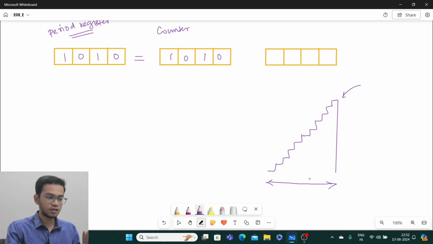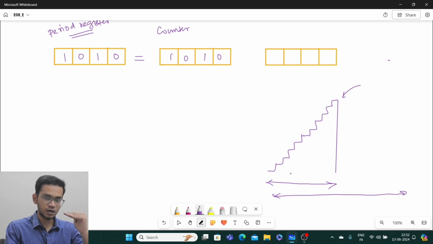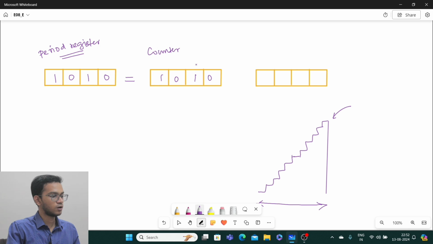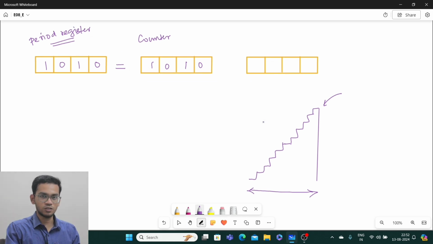If I'm storing a higher value, you are allowed to count up to that point and then come down, so you'll have a larger sawtooth period. If you stop at an earlier value, you will have a smaller time period, and time period, you know, is inversely related to frequency. So this is how the period register works. Now I have produced my sawtooth successfully.